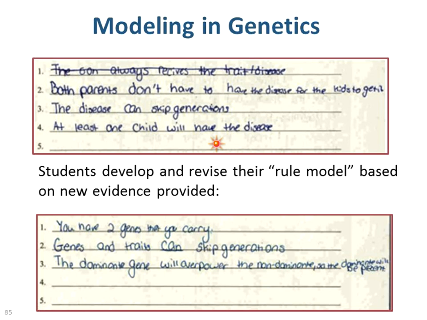With additional evidence, though, the kids revise their rules. And you can think of these rules as a model, okay? This is a model. And here they say, well, we have 2 genes. So they essentially invented this notion of 2 genes to explain the phenomena. Genes and traits can skip generations. And then this notion of overpowering and dominance, they have again invented for themselves with the evidence that we provided.